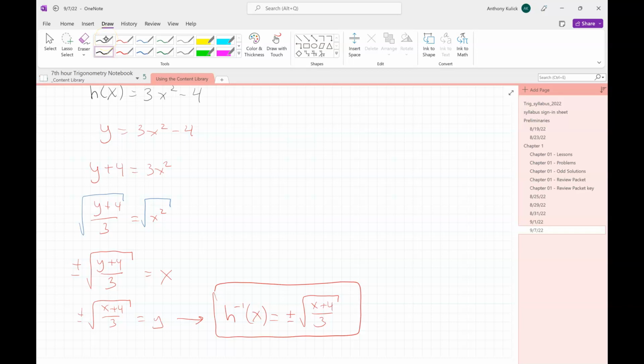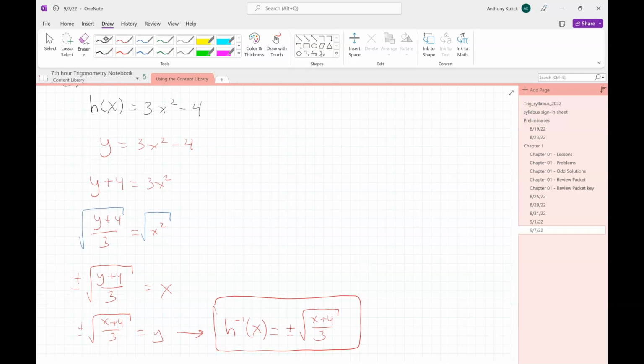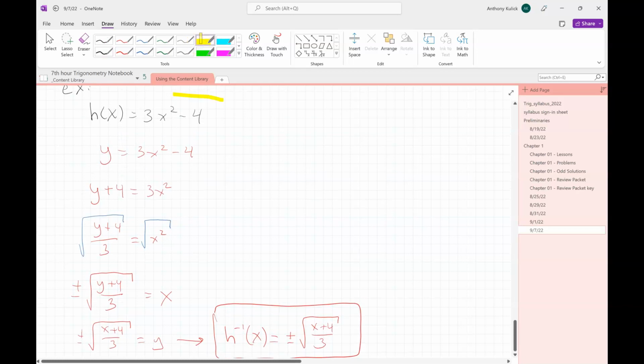So what does that tell us then about h of x? It wasn't 1-to-1, right? Take a look at the equation for h of x. What type of function is this?